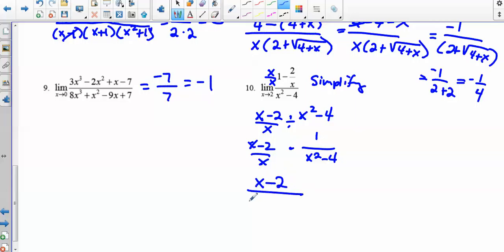My denominator has this x in it, and then the factors of x squared minus 4, so x minus 2, x plus 2. So now we see we have a factor that cancels out. My simplified equation is 1 over x times x plus 2.